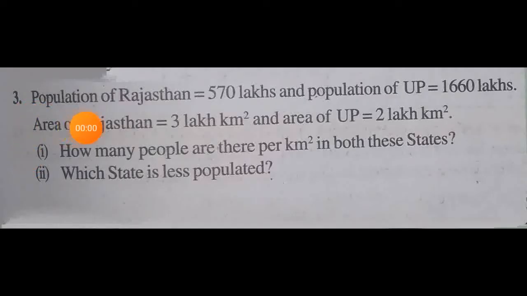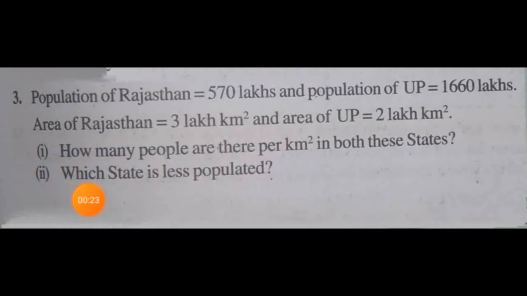The third question: population of Rajasthan equals 570 lakhs and population of UP equals 1660 lakhs. Area of Rajasthan equals 3 lakh square kilometer and area of UP equals 2 lakh square kilometer. The first part of this question is how many people are there per square kilometer in both these states.